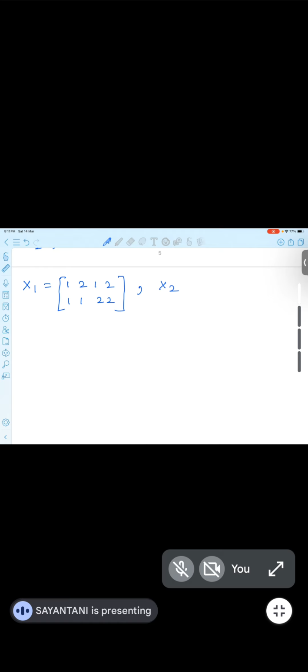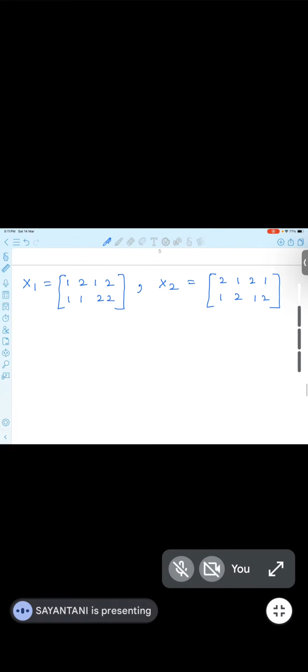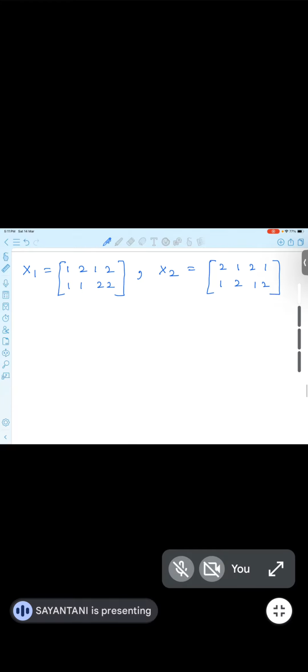I have another data set that belongs to class 2 and it looks something like this. 1, 2, 1, 2. Okay. Now, what is my objective? So there are various steps. Step number 1.